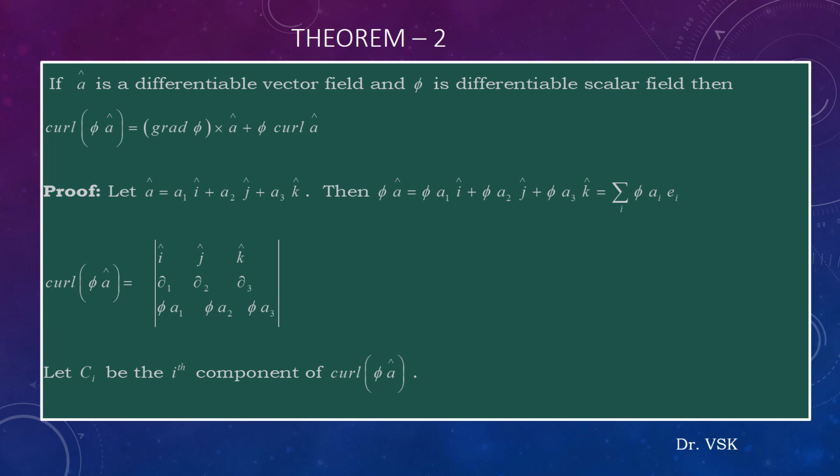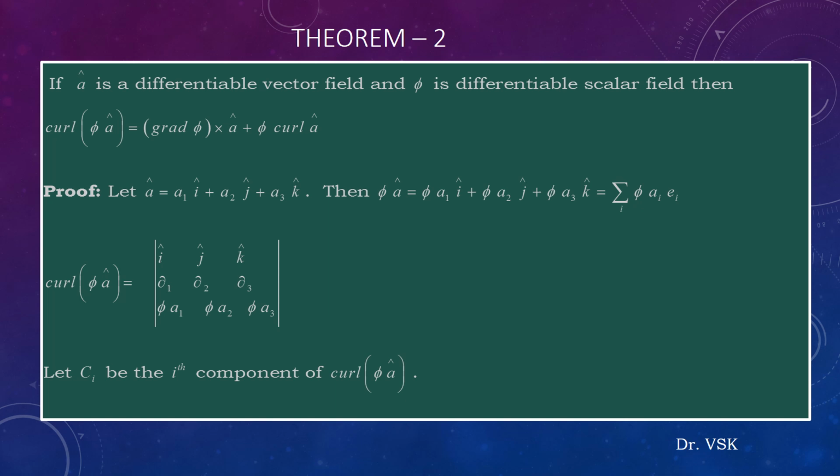But we know that dou by dou x equals dou 1, dou by dou y equals dou 2 and dou by dou z equals dou 3. Hence curl of phi a cap equals i cap, j cap, k cap, dou 1, dou 2, dou 3, phi a1, phi a2, phi a3.